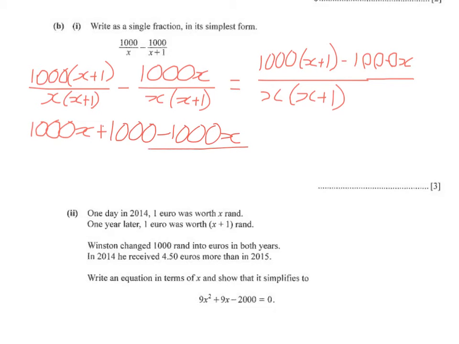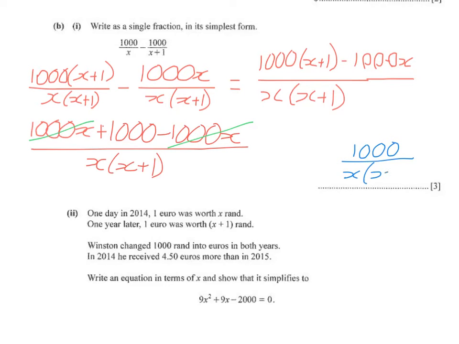If I look at that numerator now, you can see that there's a positive 1000x and there's a negative 1000x, so they are just going to cancel each other out, leaving me with an answer where the numerator is 1000 and the denominator is x multiplied by x plus 1. Lots of students ask me whether that's the simplest form or whether they should multiply it out. It doesn't matter. You're going to get the marks either way in this instance. Can't really say one's simpler than the other one. It's still the same amount of terms.